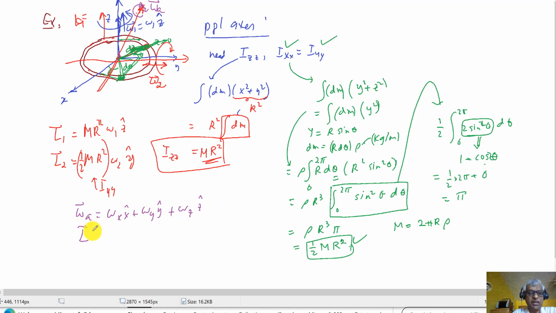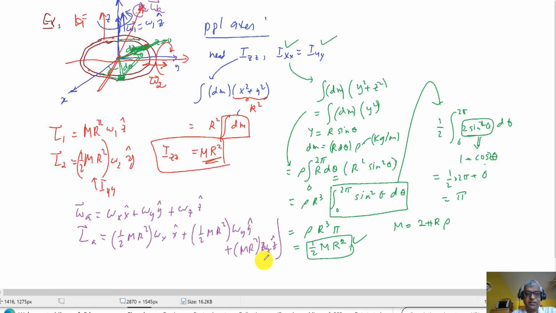So the L for rotation about that direction will be half m r squared omega_x x hat plus half m r squared omega_y y hat, but m r squared omega_z z hat.